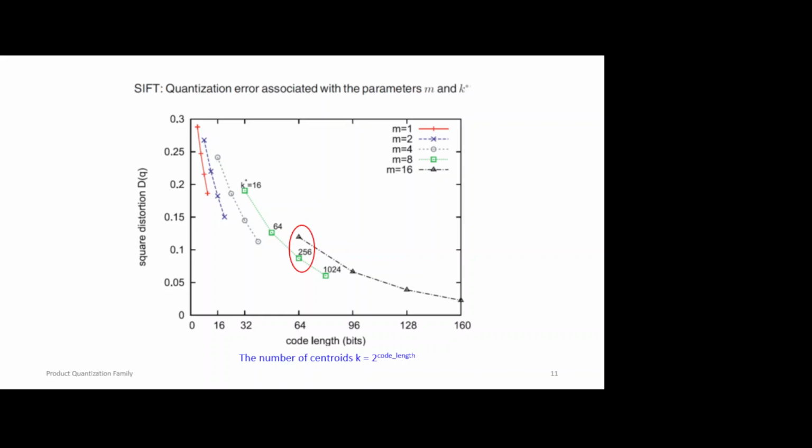You can check all the others. For example, this one is 32 bits. If I want to generate 2 to the 32 centroids, you can use this configuration or this configuration.